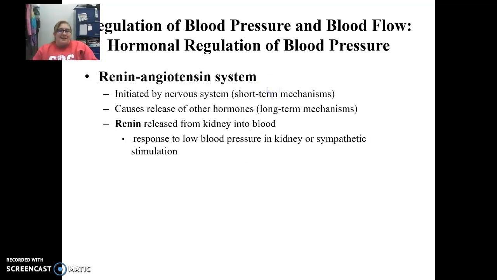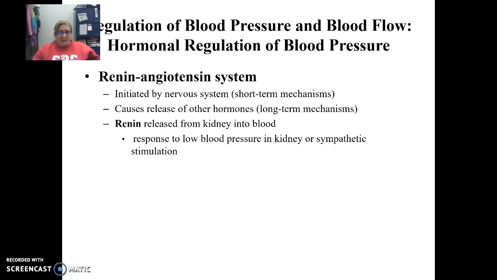So the renin-angiotensin system is a major contributor to increasing blood pressure. Renin is produced by the kidneys in response to low blood pressure. As blood moves through, the kidneys recognize an increase or a decrease in pressure, and that stimulates kidney cells to produce renin.